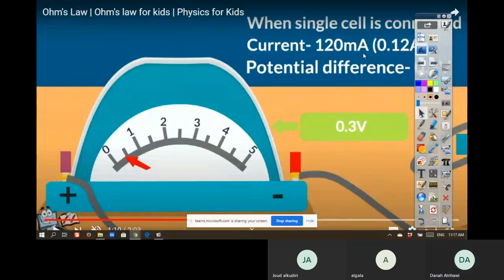Yesterday we said the ampere, with letter A, is the current of the electricity. It's the unit of the rate of the current in a given time. So A, ampere, is the current. V is the voltage. We use it to know the difference in the electric charge potential energy.